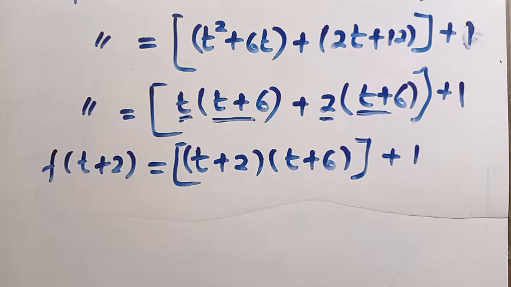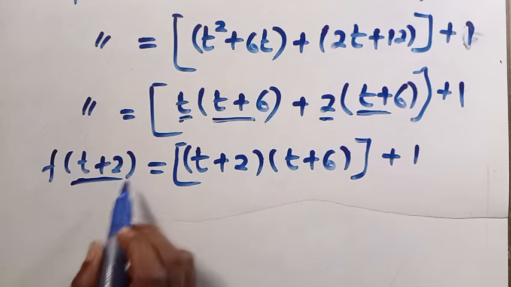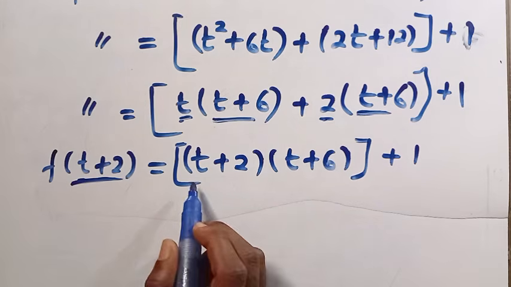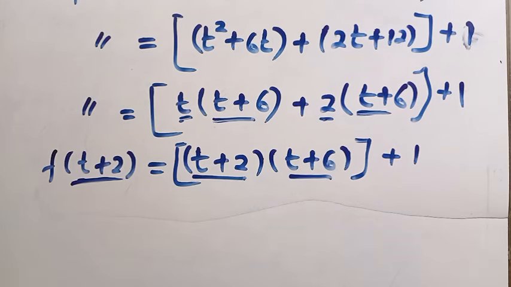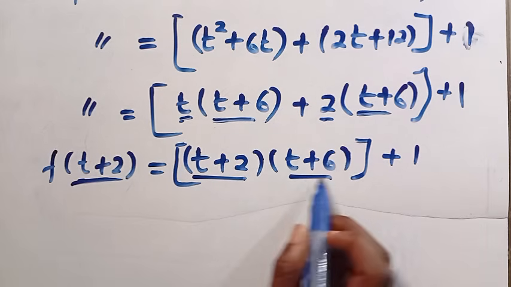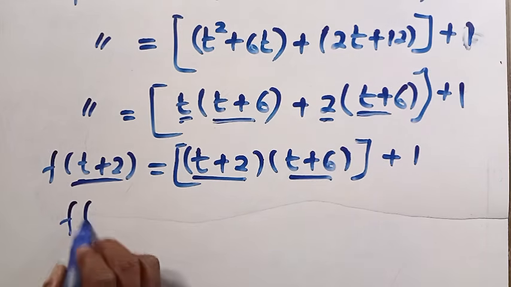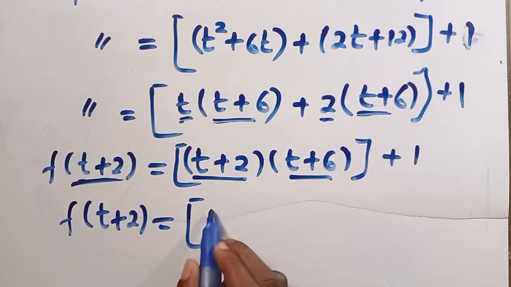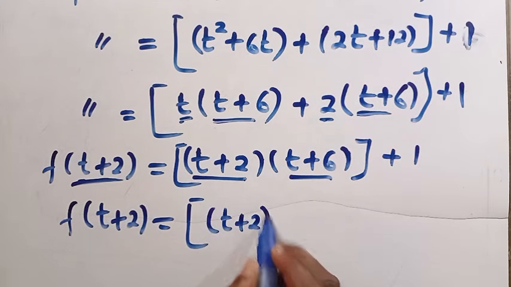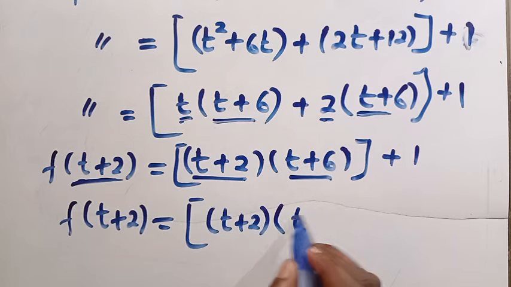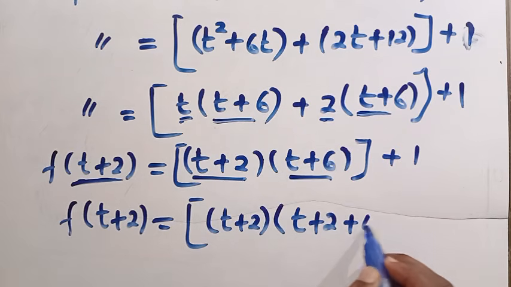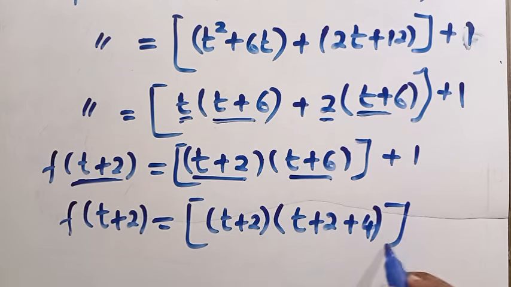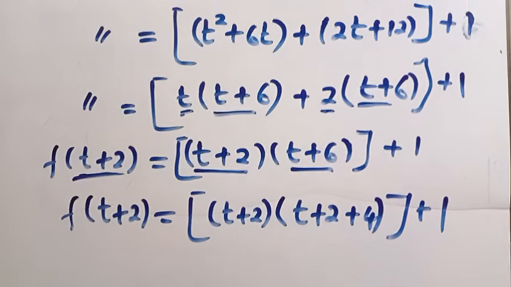Then let's do some little manipulation. Here we have t plus 2 as the domain, but here we have t plus 6. They are not the same, and I want to make everything the same, so I have to manipulate this. Therefore we have f of t plus 2 equals t plus 2, then open bracket, t plus 2, then plus 4, all in bracket plus 1.